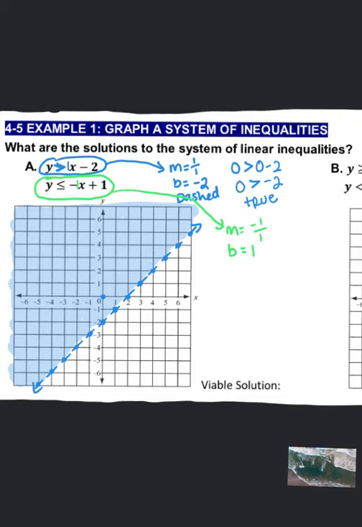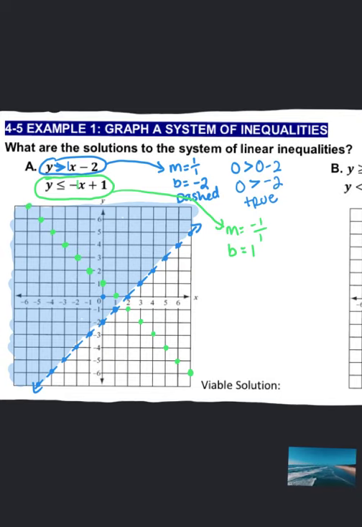So I'm going to start at positive 1 on the y-axis, and I'm going to go down 1 and to the right, and I'm going to keep going down 1 to the right, over and over again. Now I also know going up is positive and left is negative. So up and to the left is a negative, so I would continue the same line in the opposite direction.